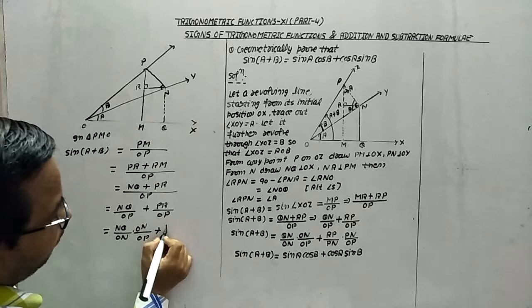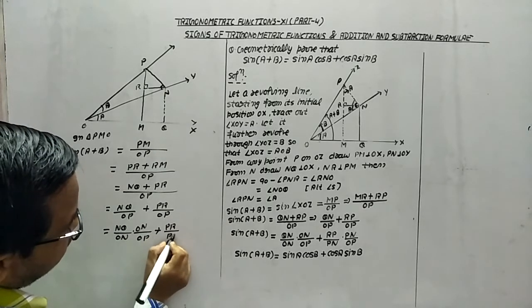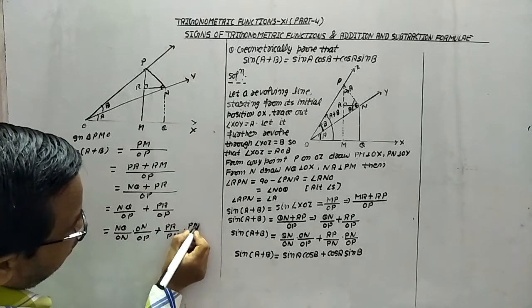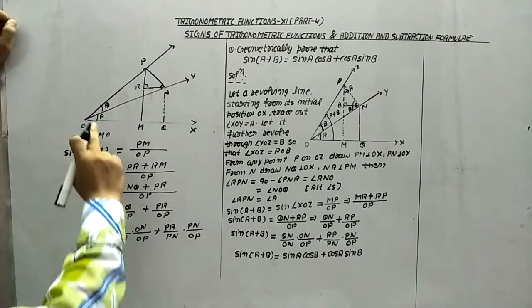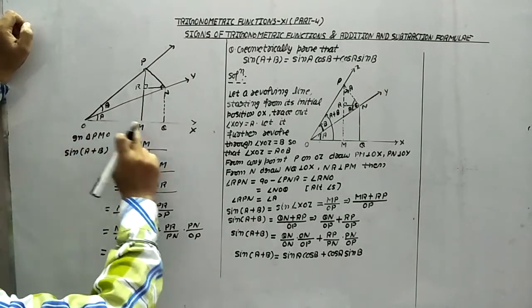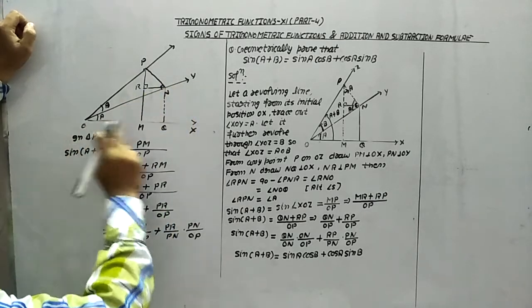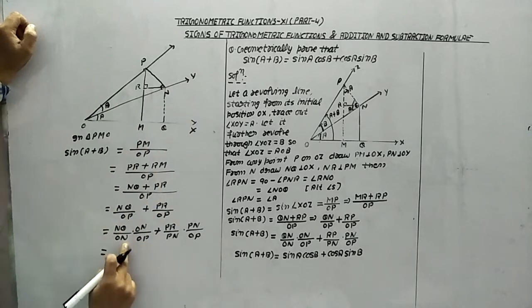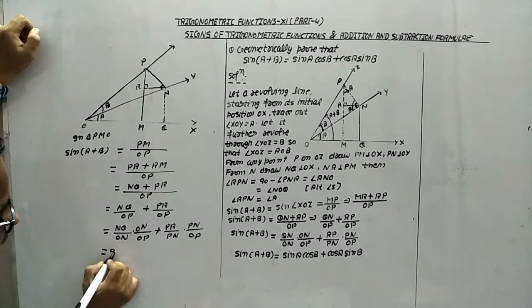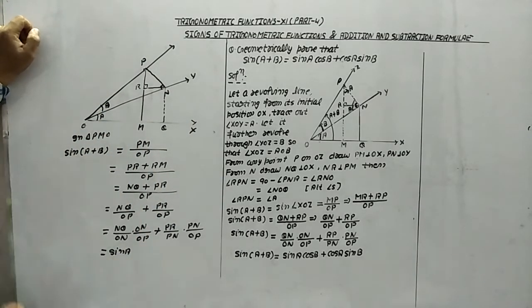So we are doing PR upon PN into PN upon OP. Now look at this one by one. If we consider triangle OQN, NQ upon ON, what will come? Sine A. So this is sine A.